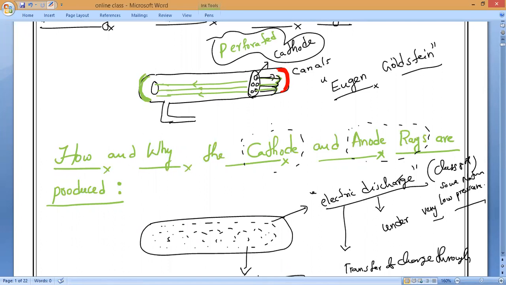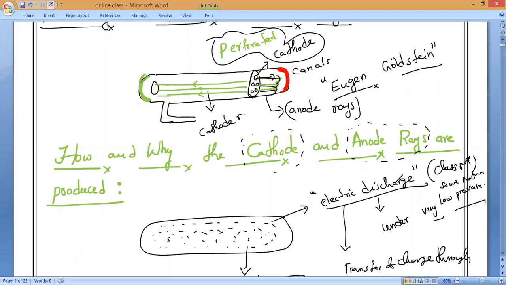So these cations which pass through the perforated cathode form the rays called what? Anode rays. Understand? Anode rays, and they knock out electrons from whom?